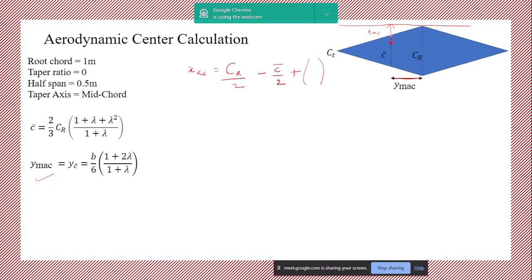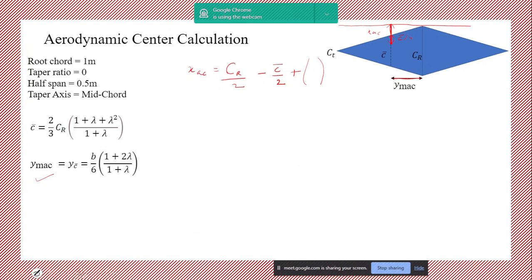Now if I find out C bar, I can get this small point as C bar by 4. This length is C bar by 4. What is this full length?